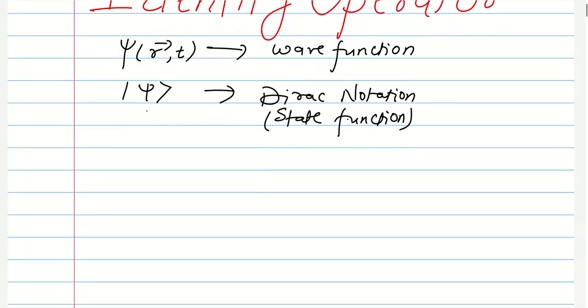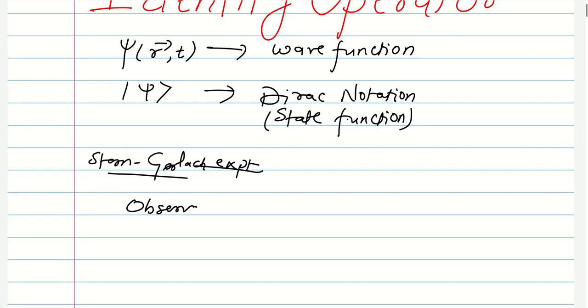So if you take the case of the Stern-Gerlach experiment, if your concerned observable is spin, then what are the possible eigenkets?